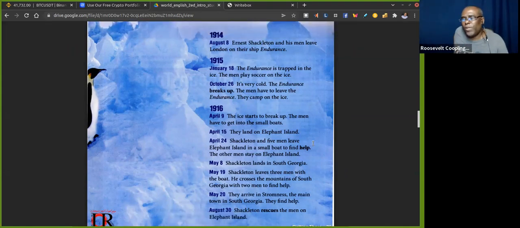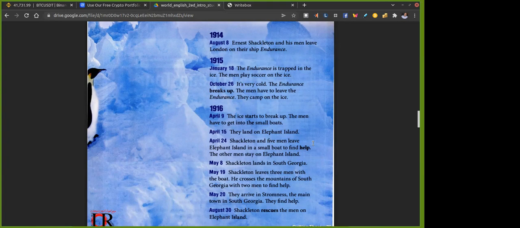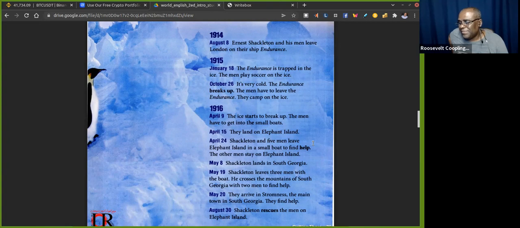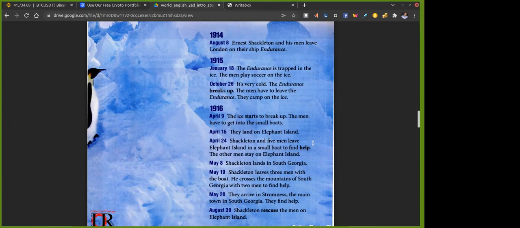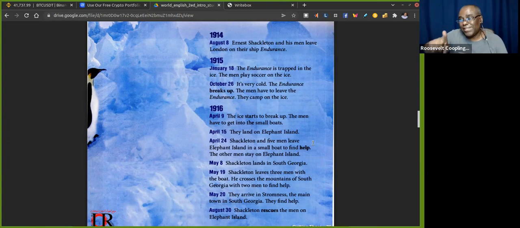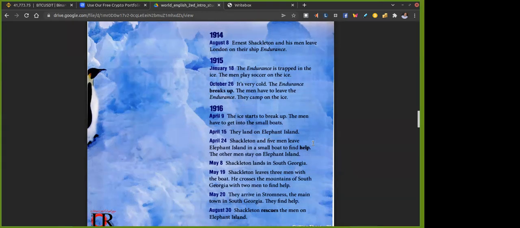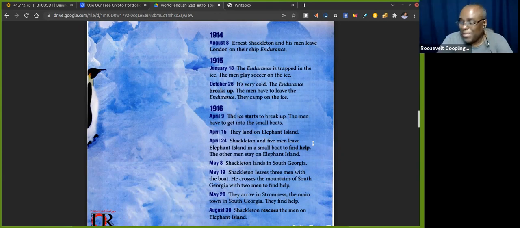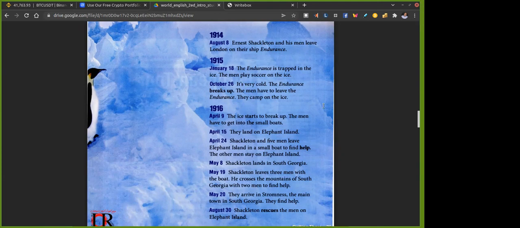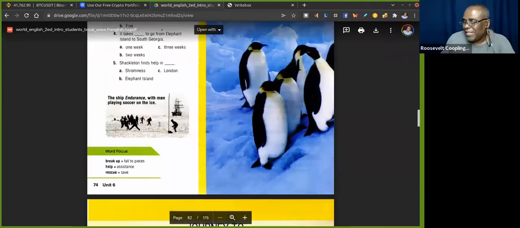Take a look at April 24. Shackleton and 5 men. Only 5? Shackleton plus 5 men. Oh, okay. You are right from the beginning, Leonardo. 6 people. 6 men. Okay. That's okay. It sounds like a plan. Let's go back here.